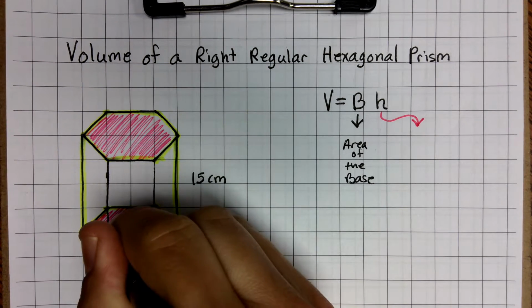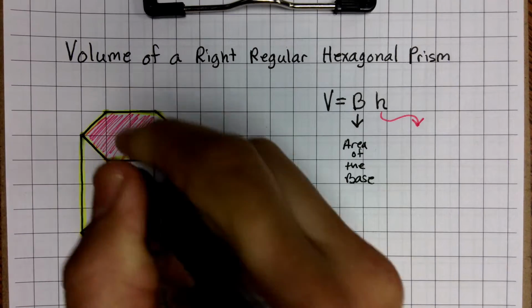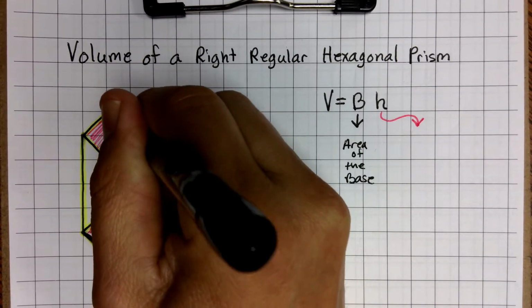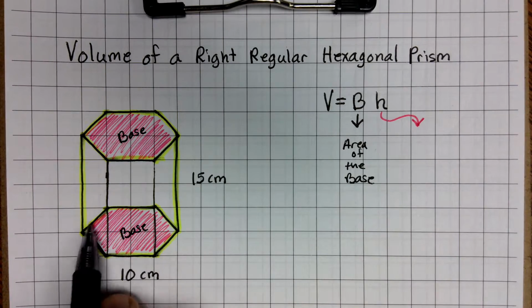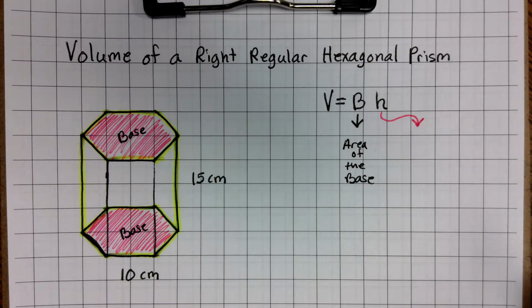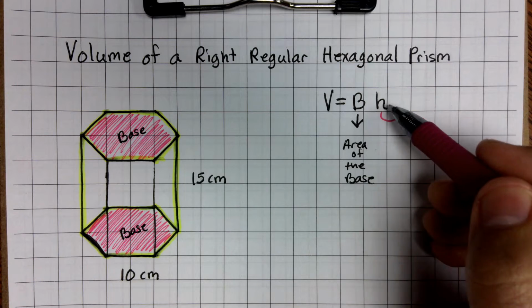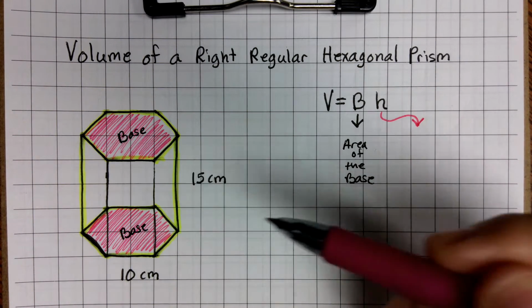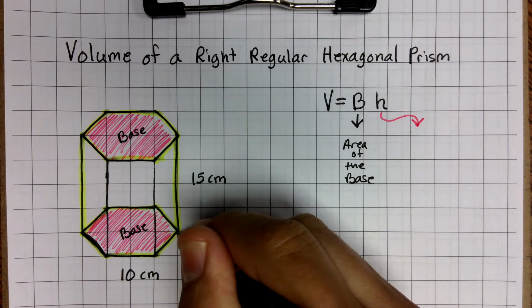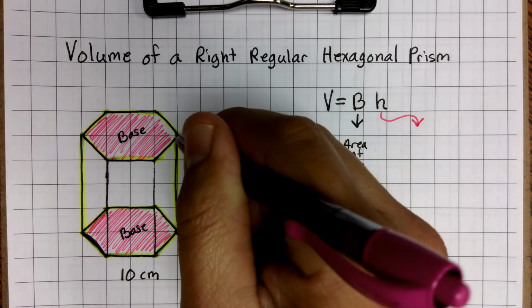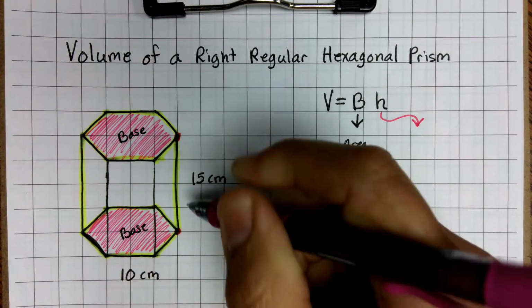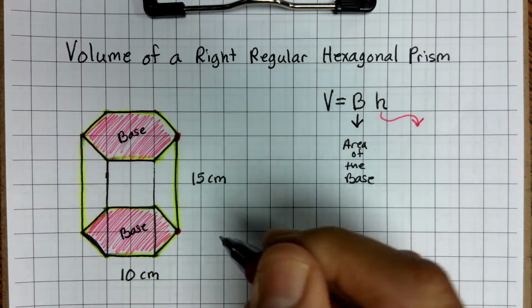And in this case, my base is the top and bottom of this prism, which happens to be a hexagon. Now, when it comes to the height, we're always referring to the height of the prism when we find volume. In other words, the distance between this base and this base, the bottom and the top base.